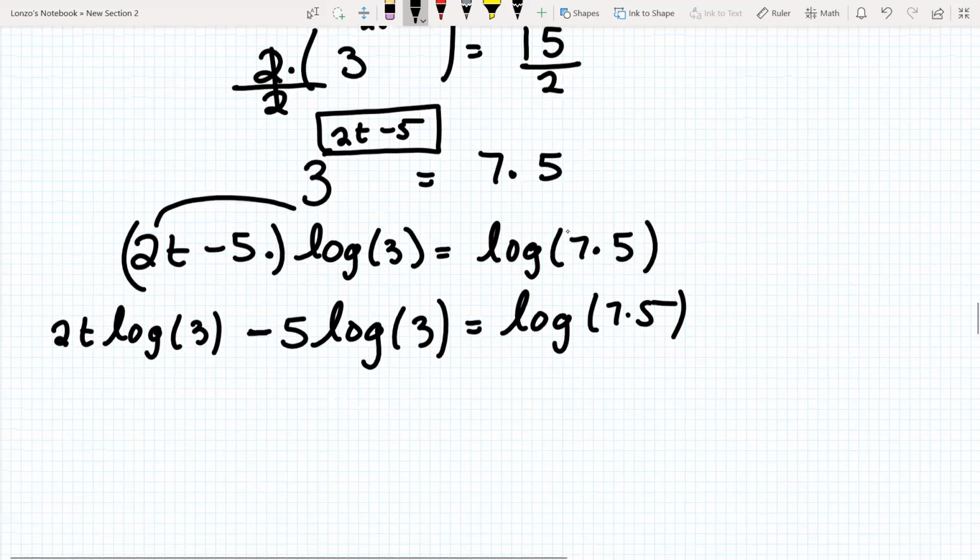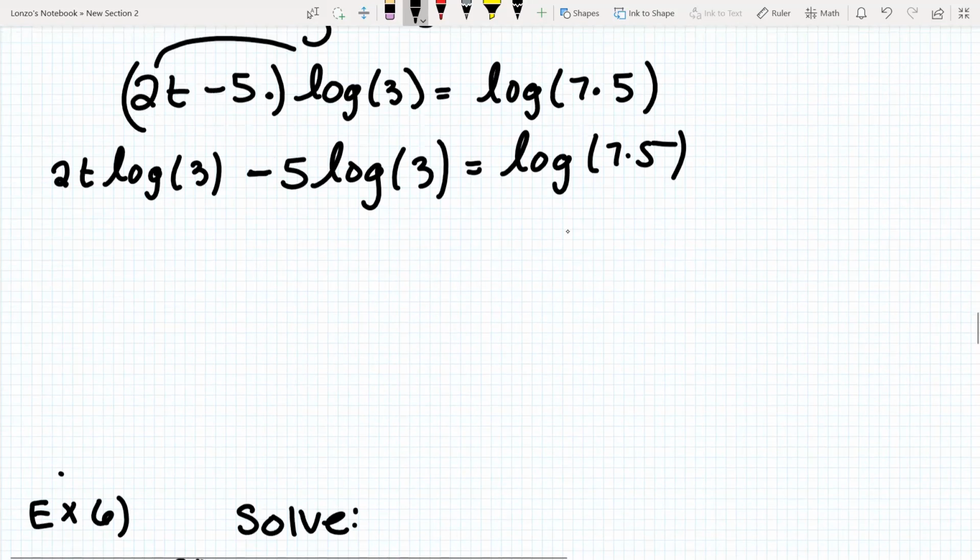Our goal is to solve for t. So what I would do next is move this negative 5 log 3 to the right by adding 5 log 3 to both sides.